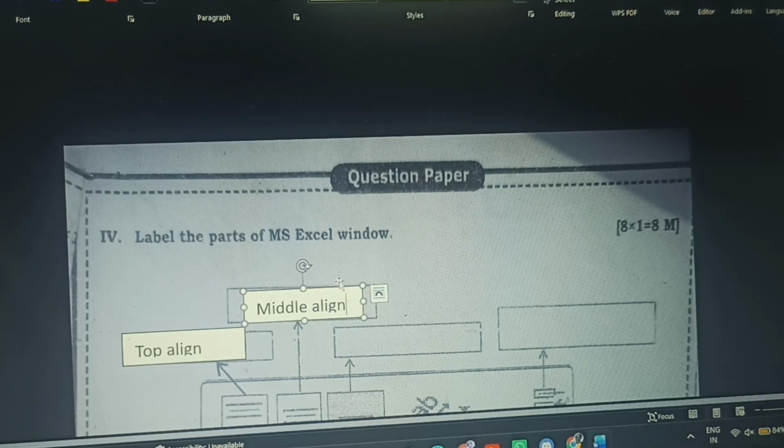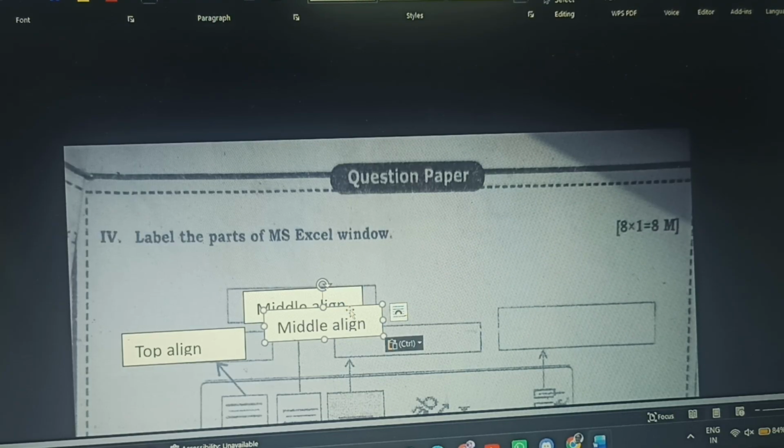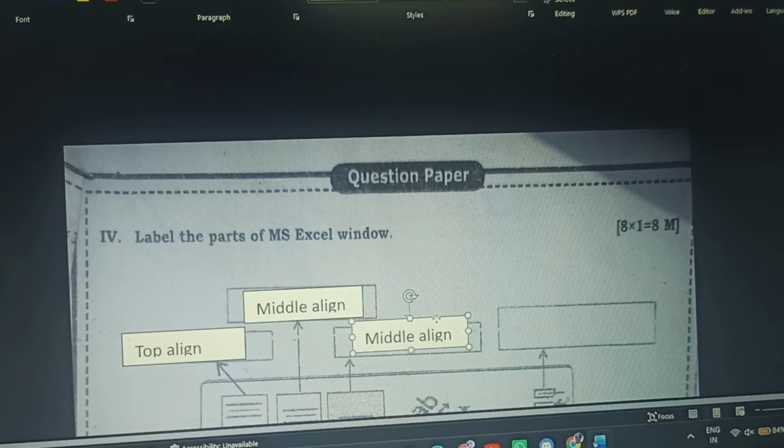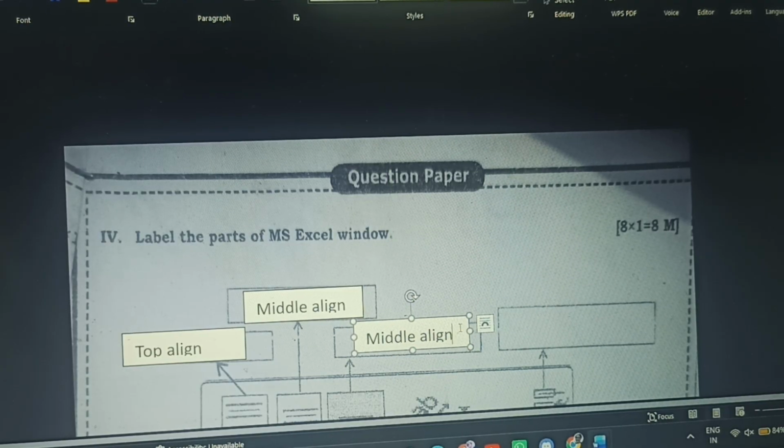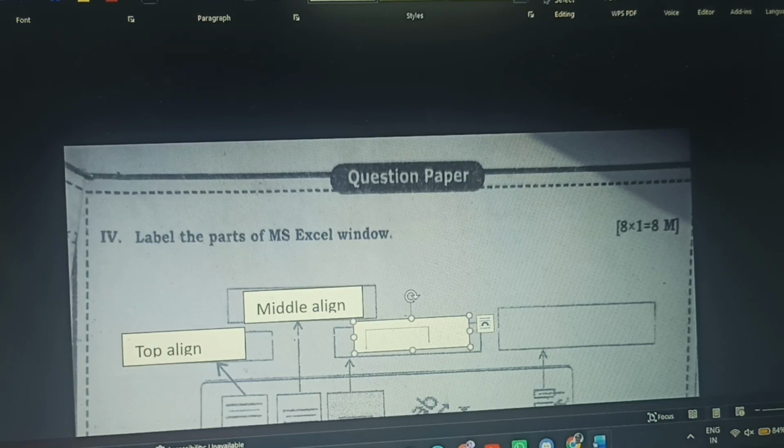Third one, which align is this box? Bottom align.